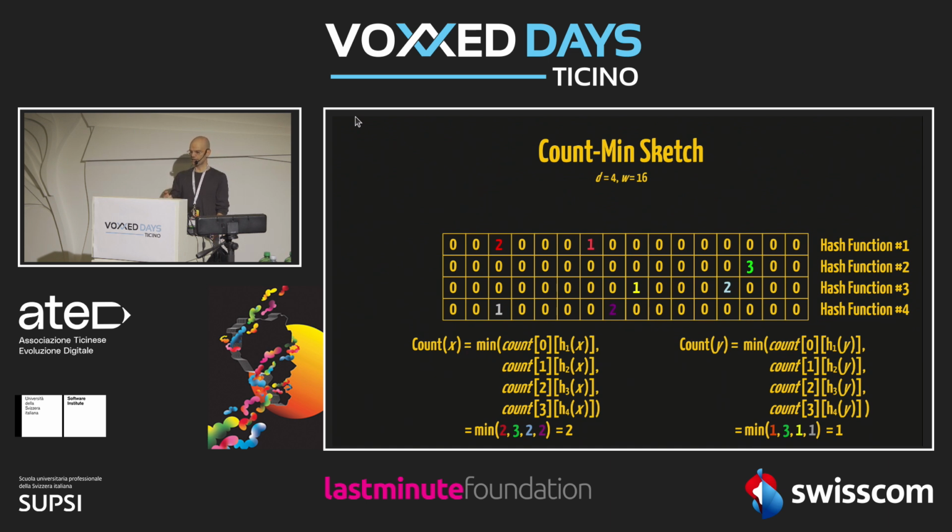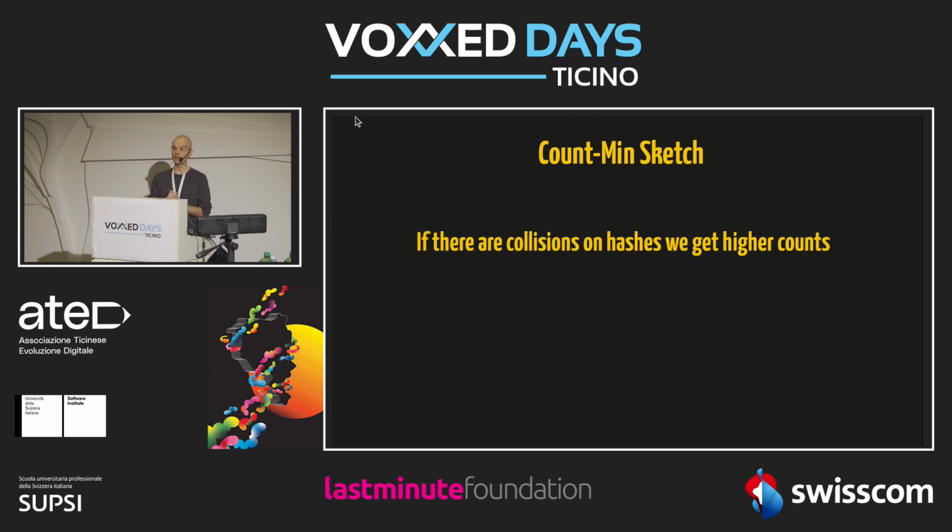And if I want to count Y, then if I look at the numbers in my matrix, I see that I need to compute the minimum between 1, 3, 1, and 1, which is 1. And again, it's true. So in this case, I got exact values, but this is a probabilistic data structure. This means that if there are collisions on the hash functions, I will increase numbers that will be used by other items too.